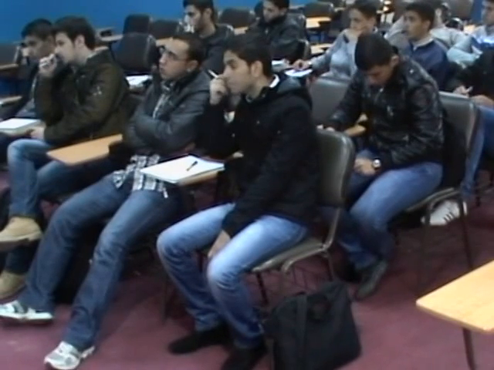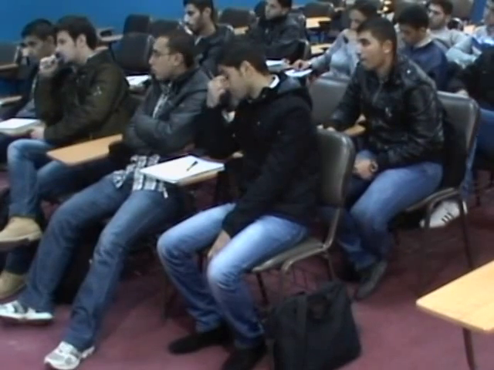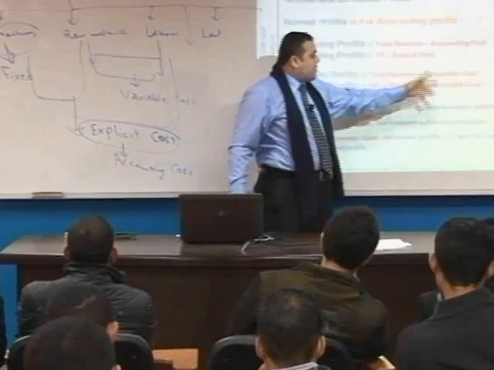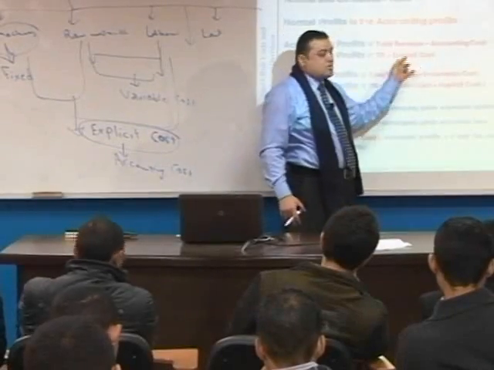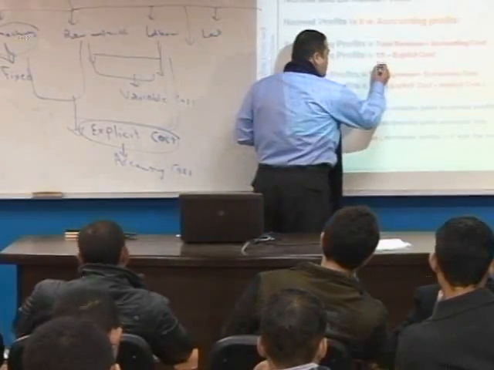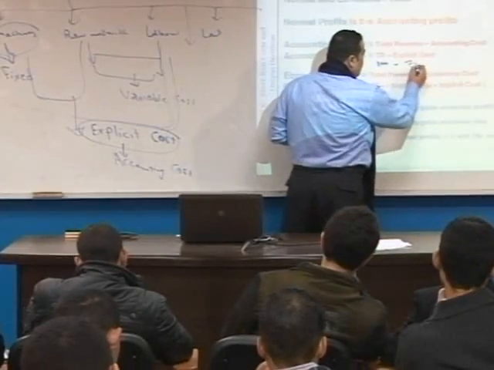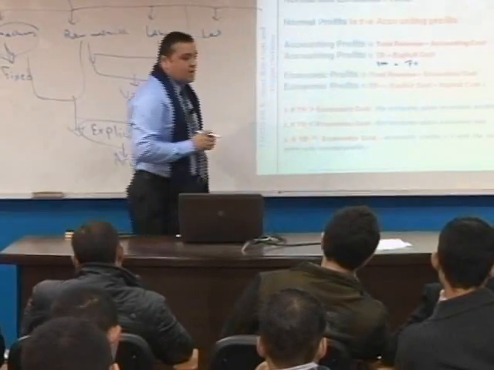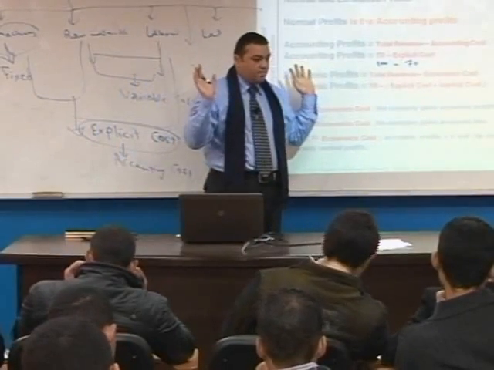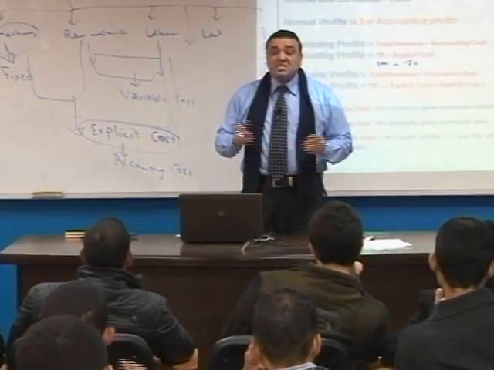Suppose that the total revenue equals $100 and the explicit cost equals $70. How much is the accounting profit? The accounting profit equals 30. That's it. In this case, suppose that the implicit cost equals 0.